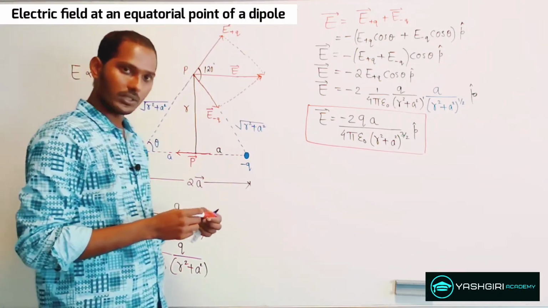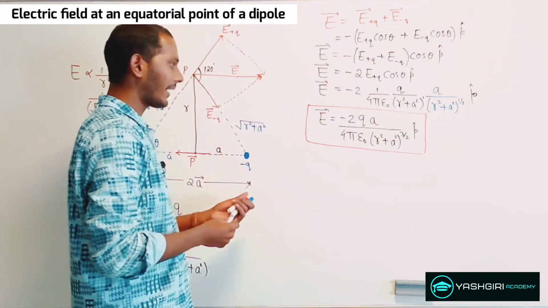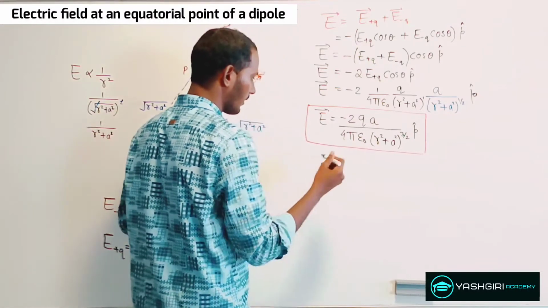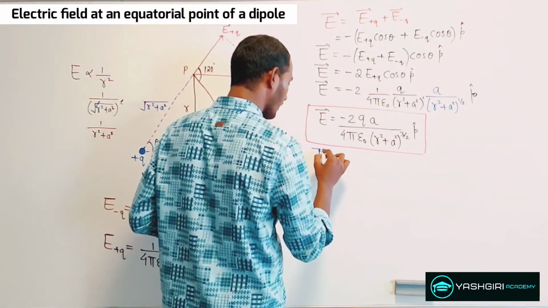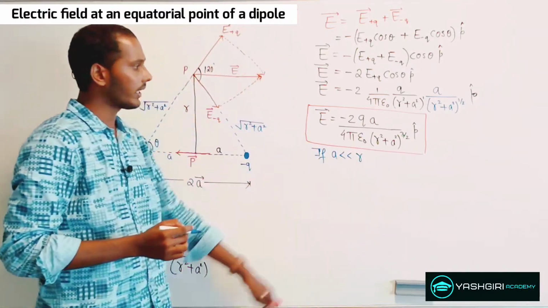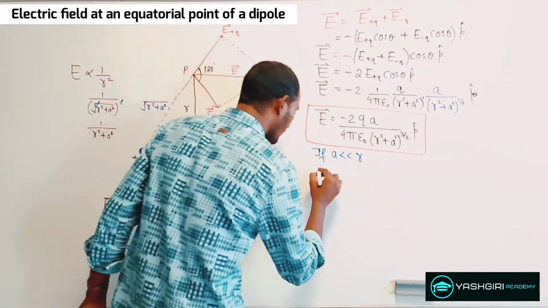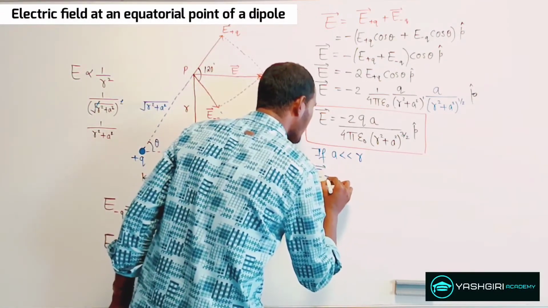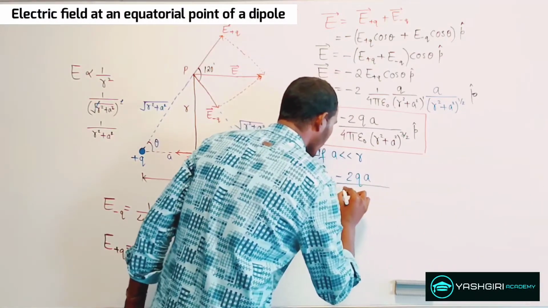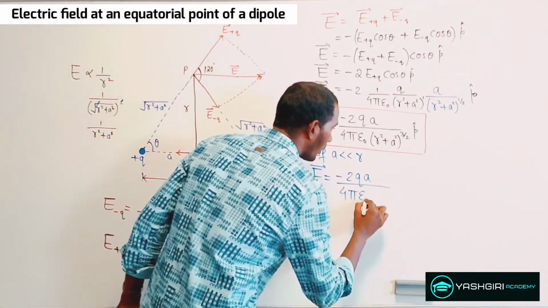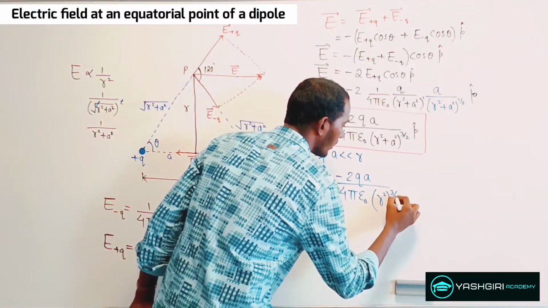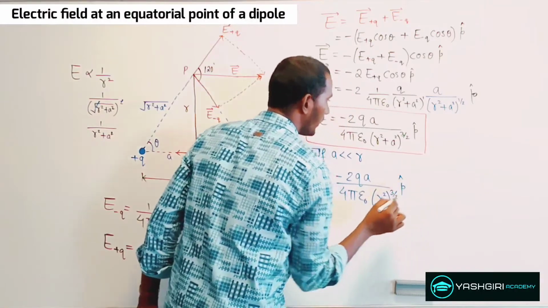Now here again, if you consider that the distance of separation A is very, very much less than R, in that case I can rewrite this expression: vector E is equal to minus 2 QA divided by 4 pi epsilon naught into R square raised to 3 by 2, along the P cap.